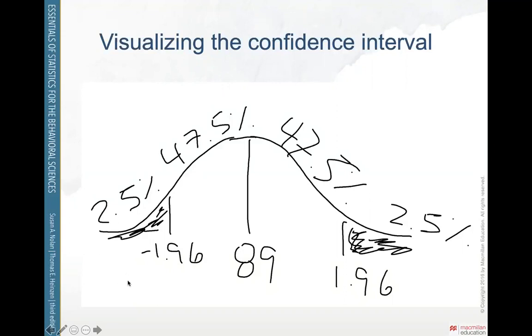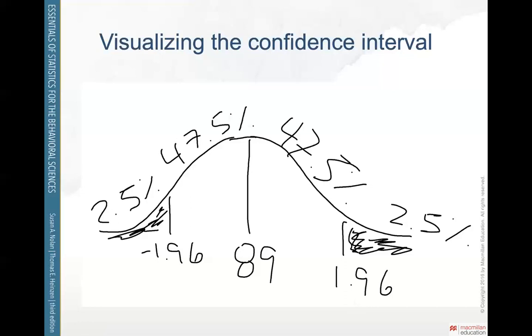Which means that the critical Z's that we would be using for a 99% confidence interval would be further away from the center of the distribution. So this Z would be even more negative. I don't remember off the top of my head the critical Z for alpha equals 0.01 two-tailed, but it's like negative 2.3 something, and positive 2.3 something.